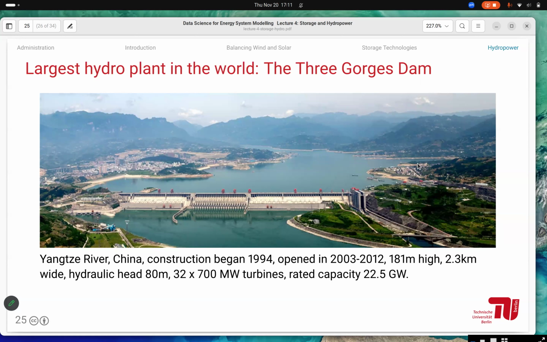It was opened between 2003 and 2012, and the height difference here is 181 meters, and this width here is 2.3 kilometers. The difference in the water level between the lower basin and the upper basin is 80 meters, and there are 32 700-megawatt turbines and a total rating of 22.5 gigawatts. So Germany's peak load may be somewhere around 70 gigawatts.